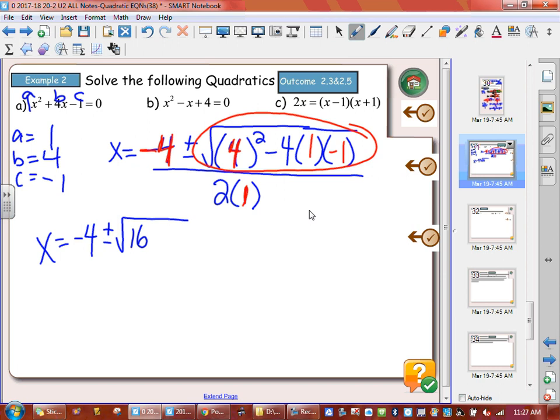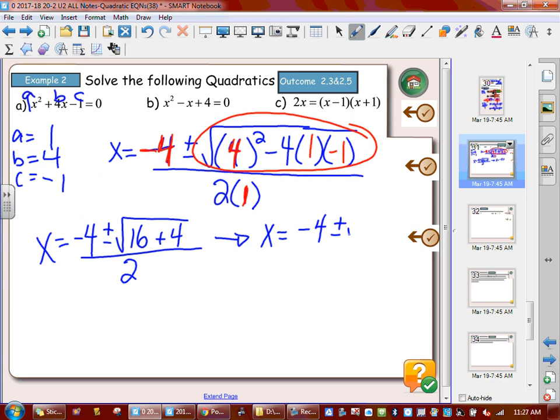Positive 4. All over 2. Okay, write down the steps, please. Okay, from there, we're going to add under the root sign. So x equals negative 4 plus and minus square root 20 all over 2.